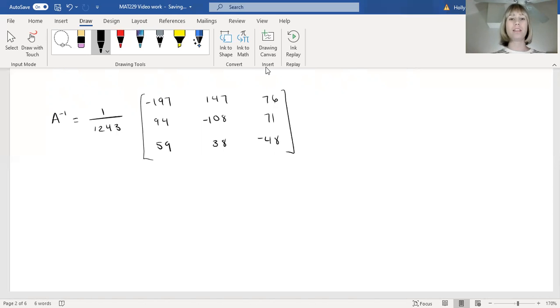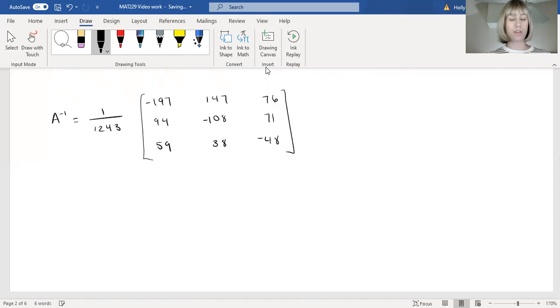So since only the alphabet goes to 26 and those are the only numbers we can work with to decipher a matrix, we have to be able to map back to that. So numbers like 147, that's not going to help us because there is no 147th letter in the alphabet. So how are we going to fix this? What are we going to do? Well, we use the mod 26.